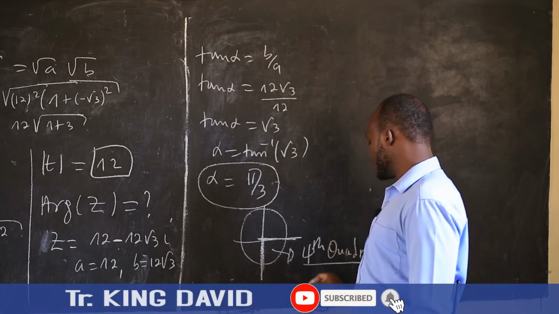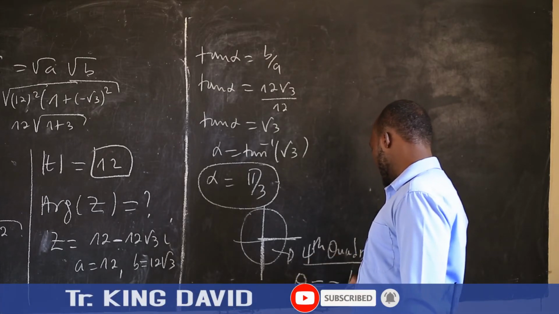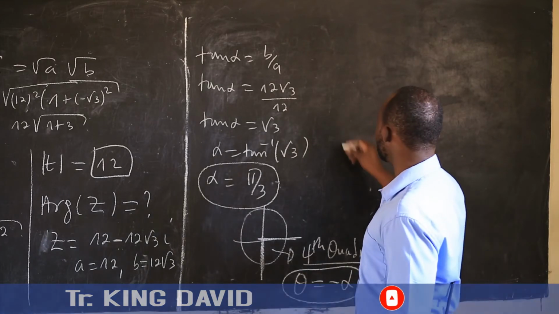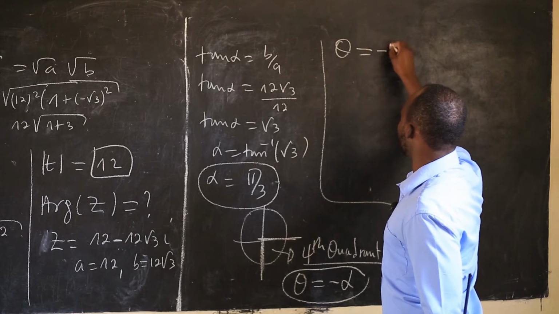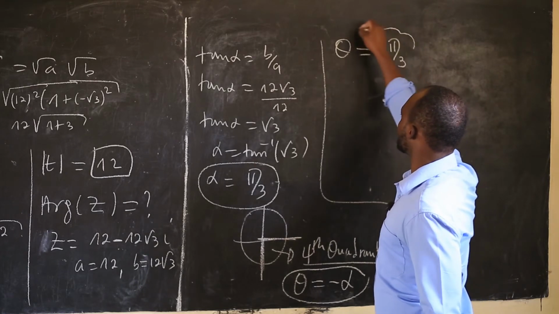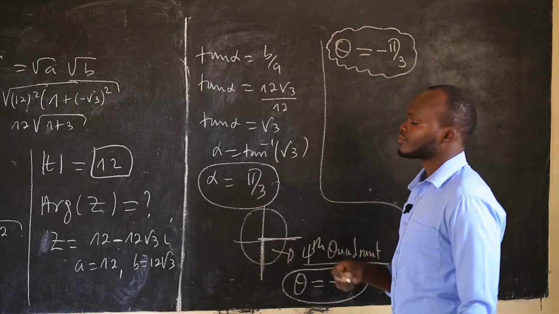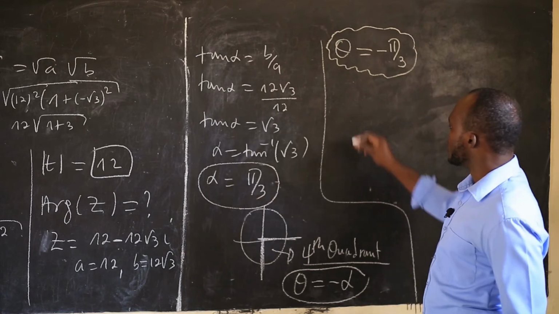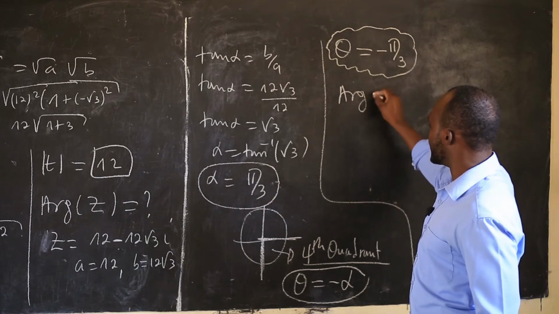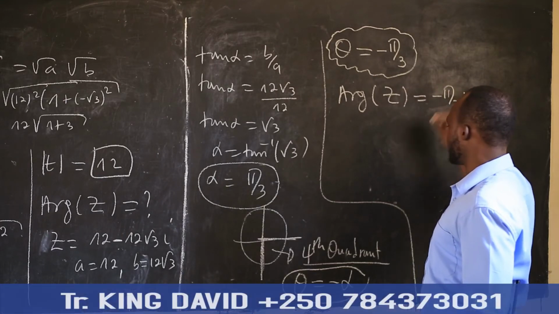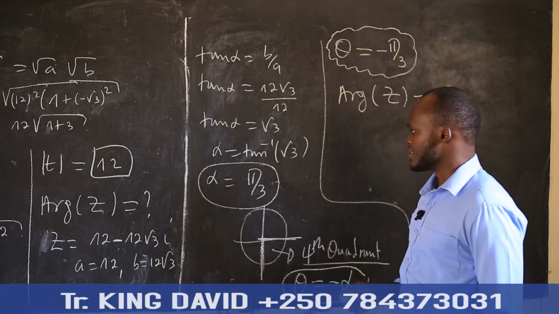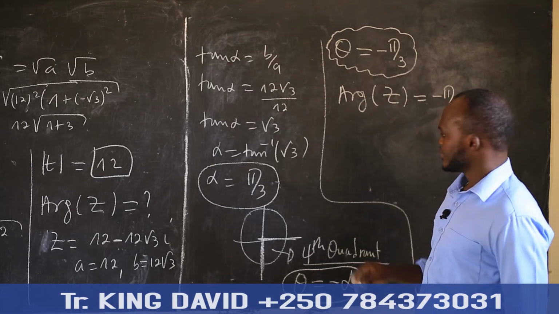So on the fourth quadrant, angle equal to negative alpha. So which means that our angle will be negative pi over 3. That is our angle. So which means the argument of z is negative pi over 3. So that's the answer.